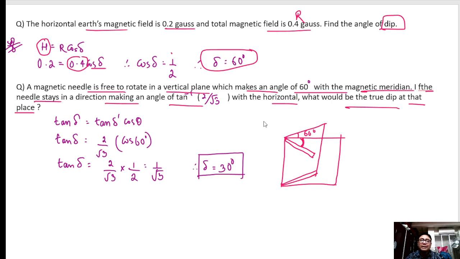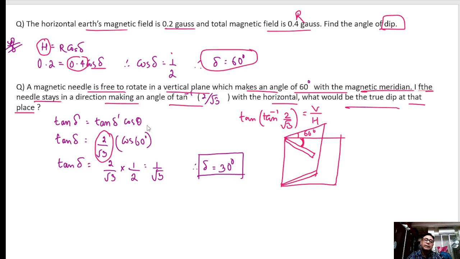So we can easily tell that 2 by root 3 will be V by H. This delta is given to us, this is that angle.